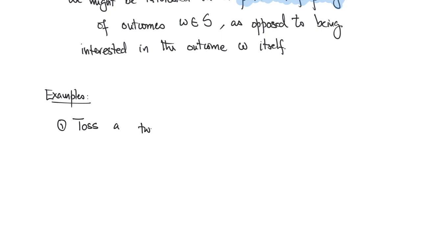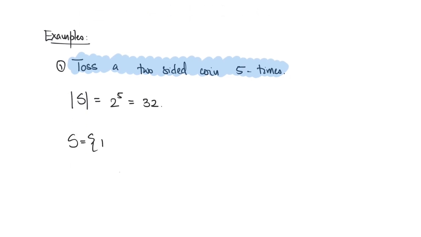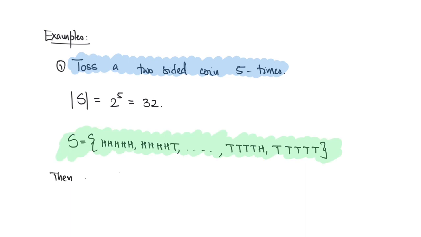So suppose we toss a two-sided coin 5 times. The sample space for this experiment is of size 32 and it has elements of the form HHHHH all the way up to TTTTT.